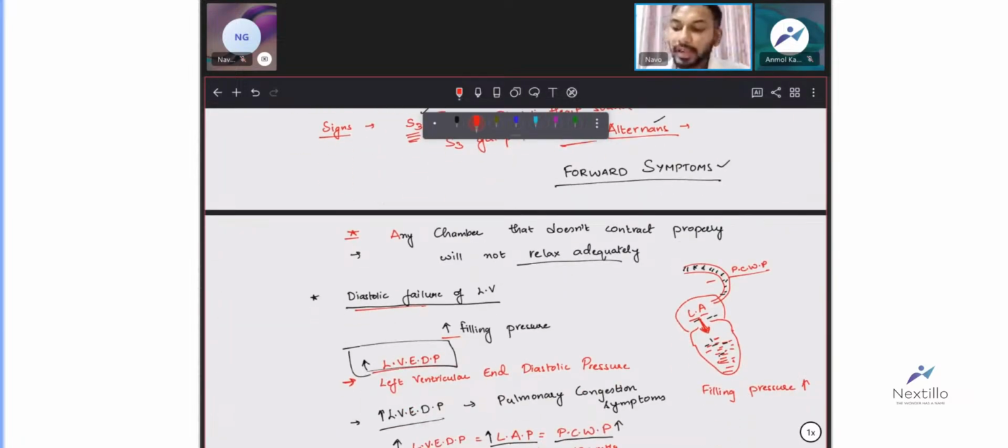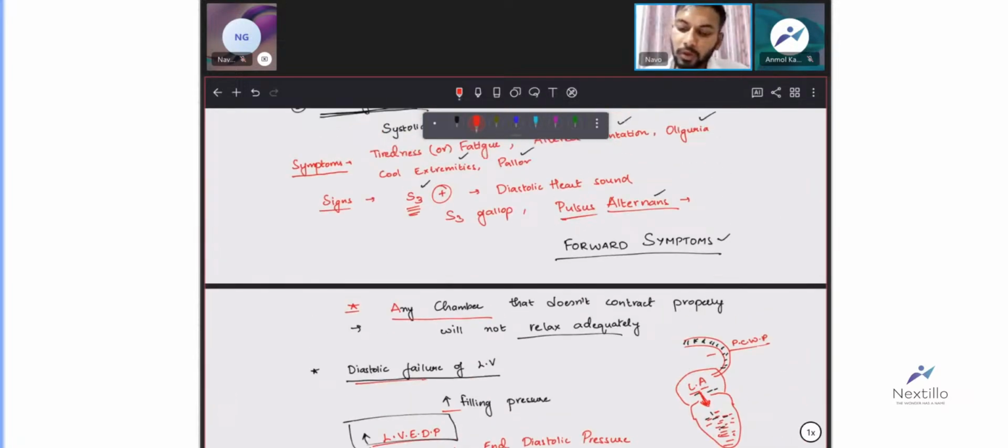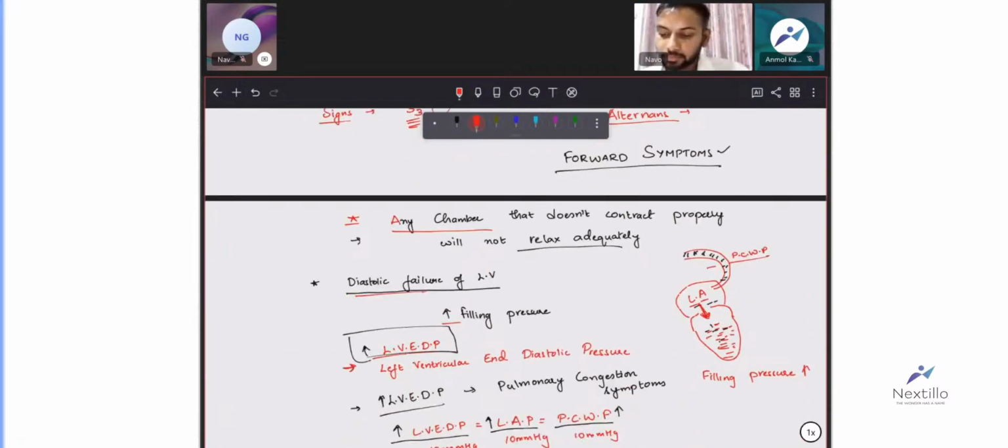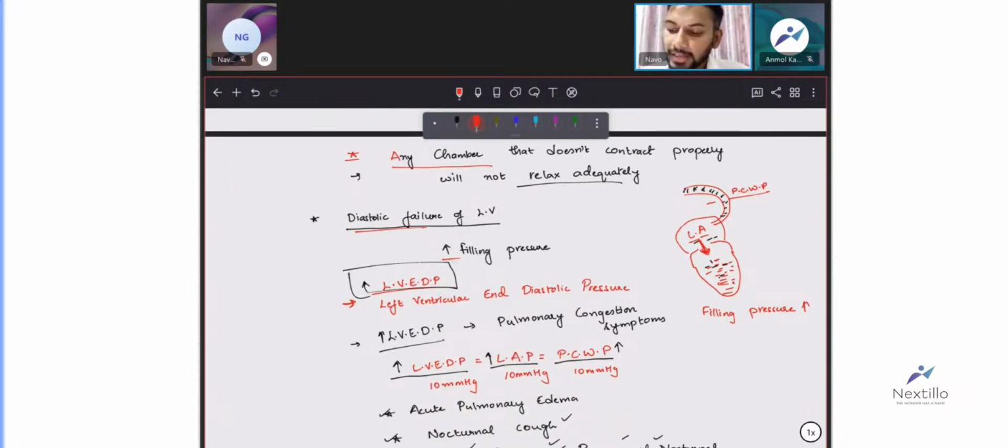Next, what I've told you is any chamber that doesn't contract properly will not relax adequately. So because there is LV systolic failure, this LV systolic failure will cause LV diastolic failure. Now, because of LV diastolic failure, there is increase in filling pressure. That filling pressure is equal to increased LV-EDP.